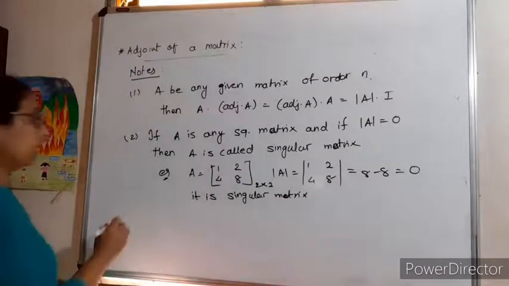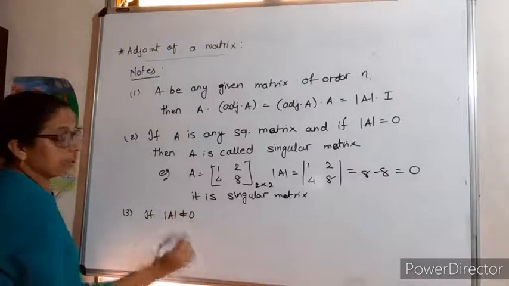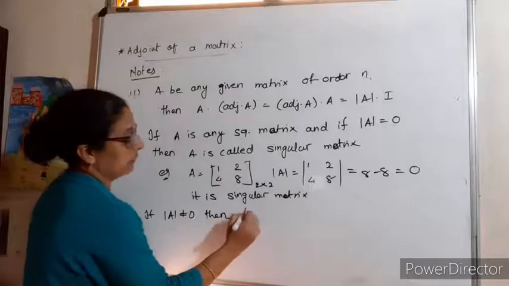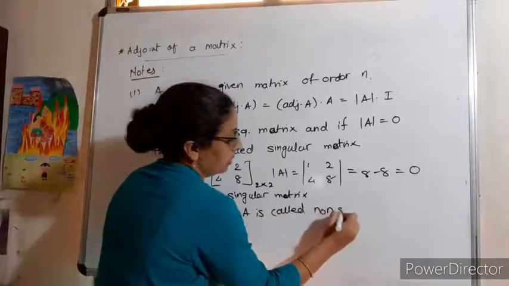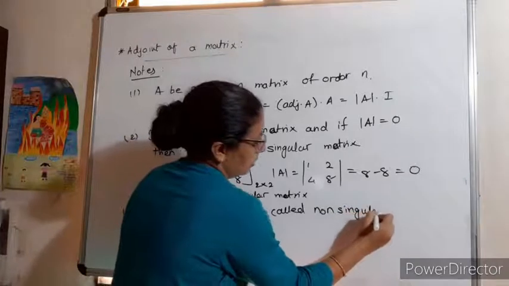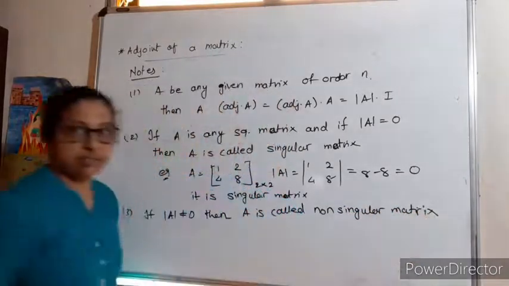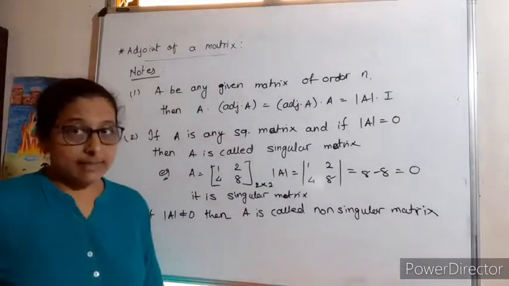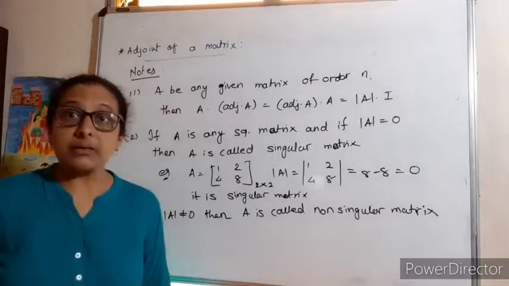Okay. Third, if determinant of A is not 0, then A is called a non-singular matrix. If determinant is not 0, then it is called non-singular. If determinant is 0, then it is called a singular matrix.